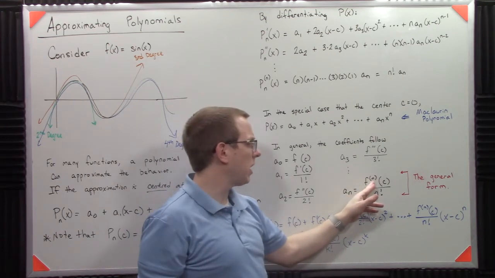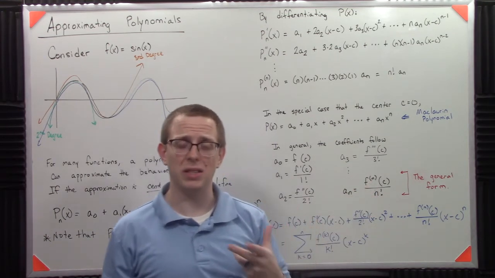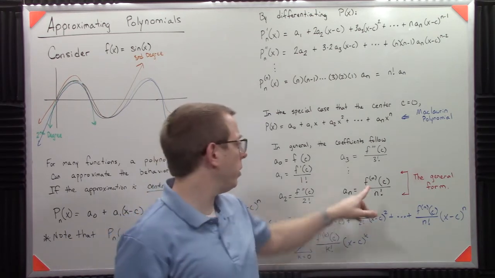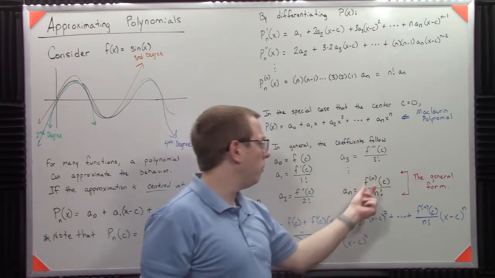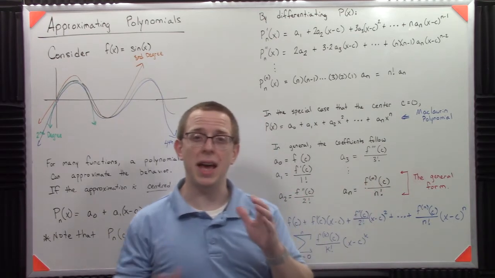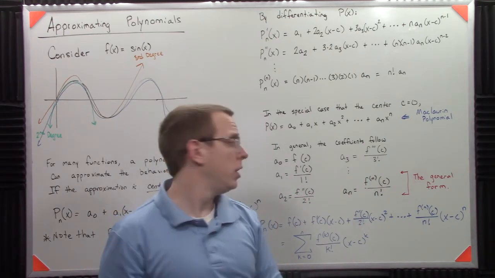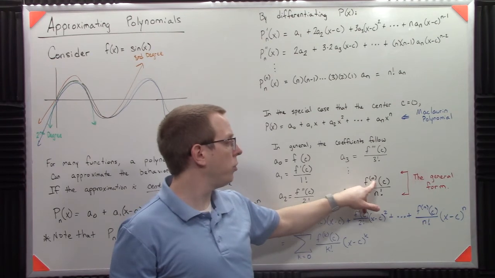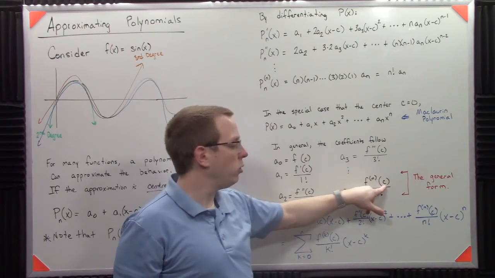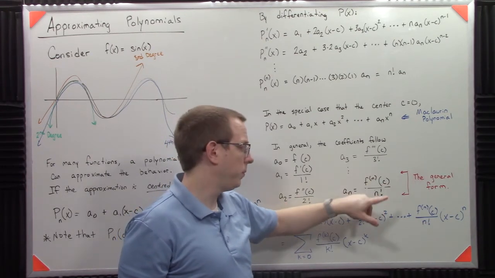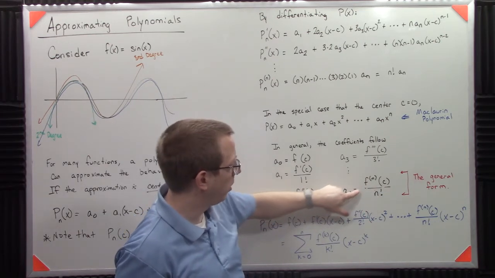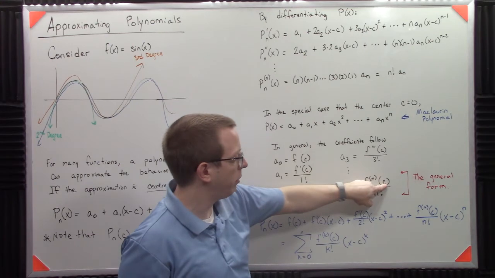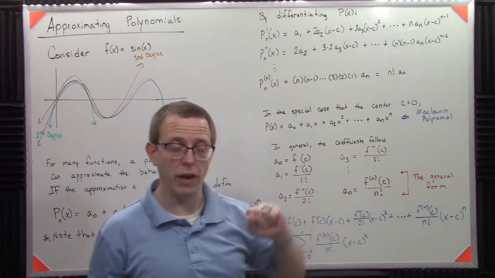If it's not in parentheses, sometimes that's like f squared c. But if it's in parentheses, that usually indicates the nth derivative. So if that was a 4, that would be the 4th derivative evaluated at x equals c, and then divided by 4 factorial if this was a4. a4 would be the 4th derivative evaluated at c divided by 4 factorial.